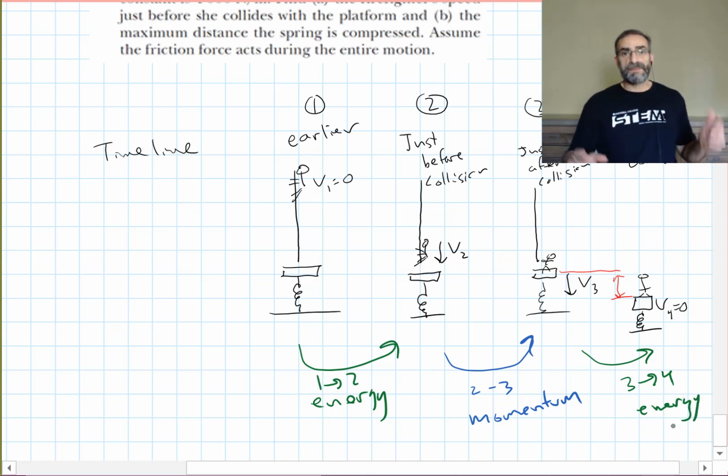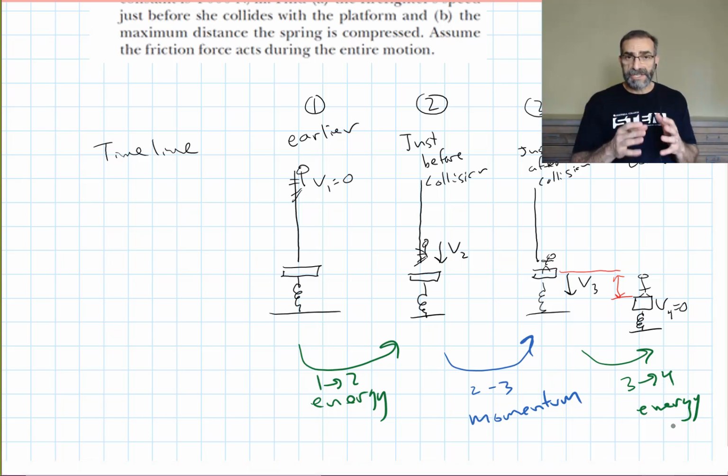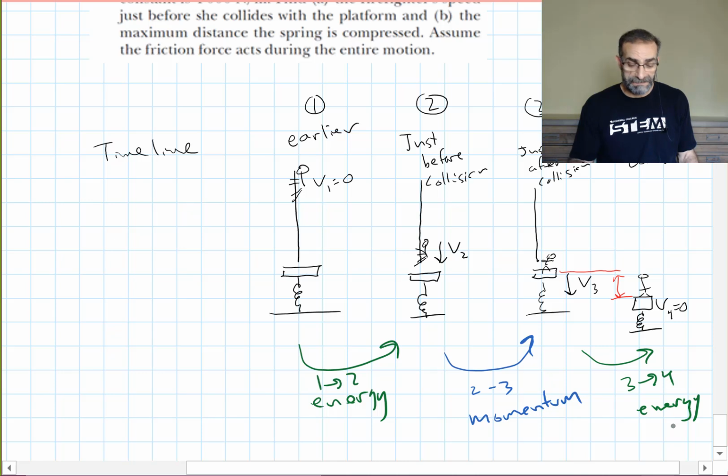But we can't go from the beginning to the end with energy because there's this collision in between. And here they stick together. We know that this is inelastic. But even if the firefighter bounced off the platform, we wouldn't know unless we were told, right?